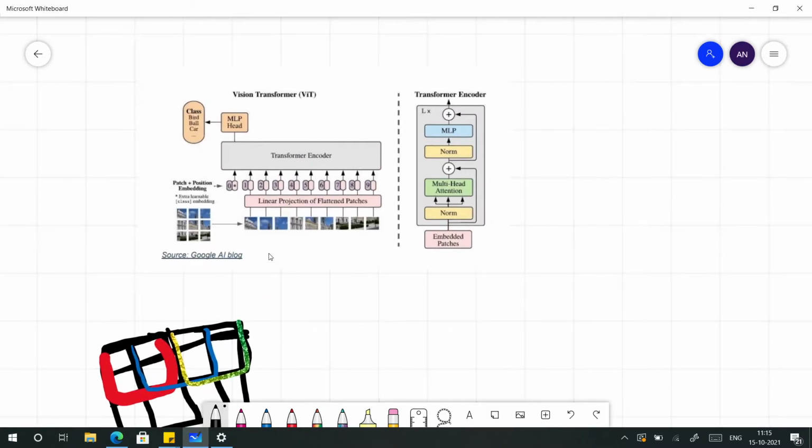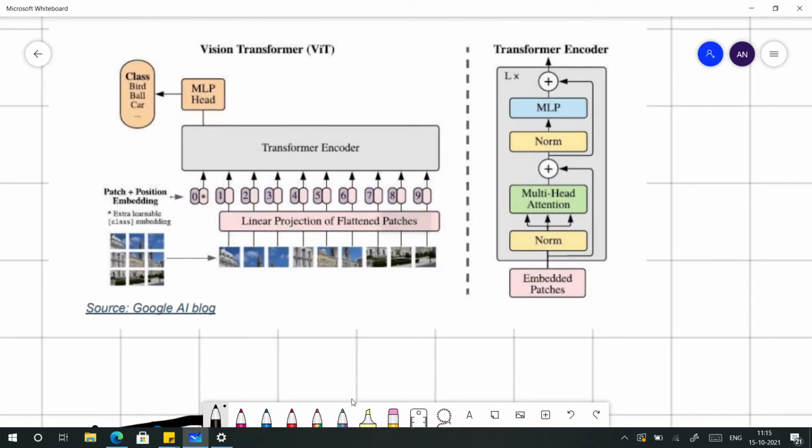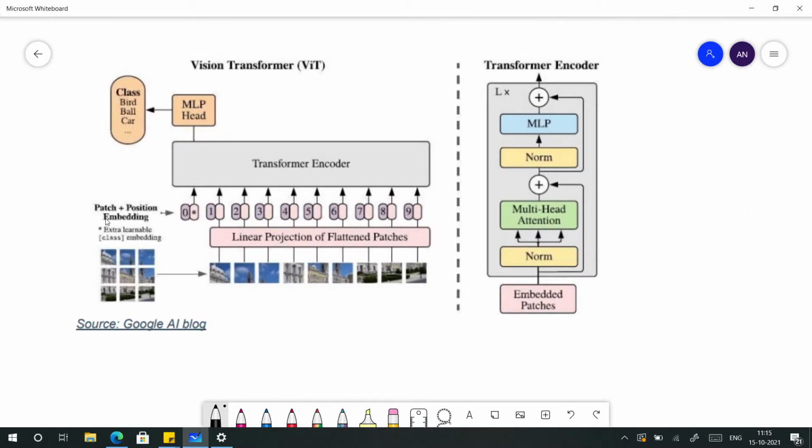As you can see, this is our image. So patch plus position encoding. What it means is that the image will be divided into patches, and later the positions will be encoded to these patches. Let's say this patch is 0, this patch is 1, this patch is 2, like that. Each patch will be given a position, just like there we have given each word in a sentence a position and an embedding.